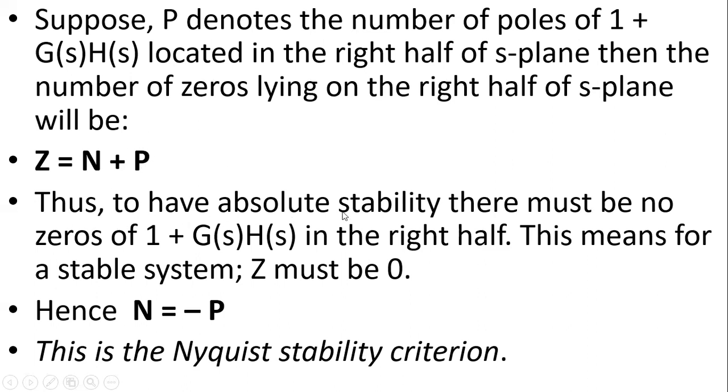So to have absolute stability, there must be no zeros of 1 plus g of s into h of s on the right half. This means for a stable system, Z must be 0. So if Z should be 0, then N is equal to minus P. And this is exactly the Nyquist stability criteria.